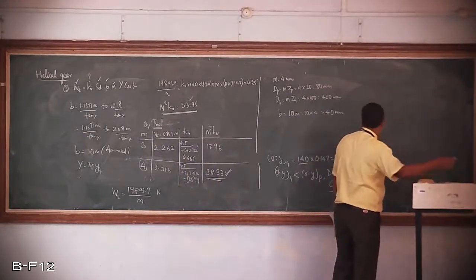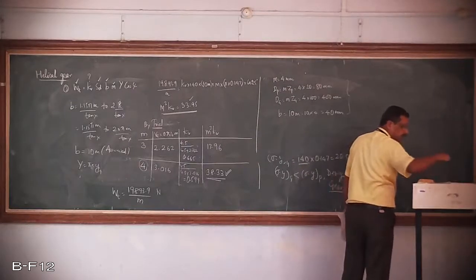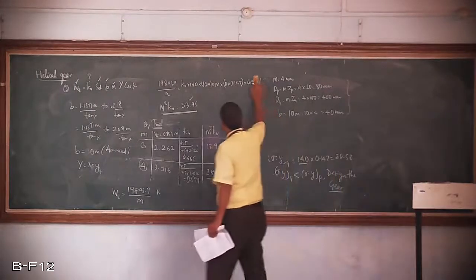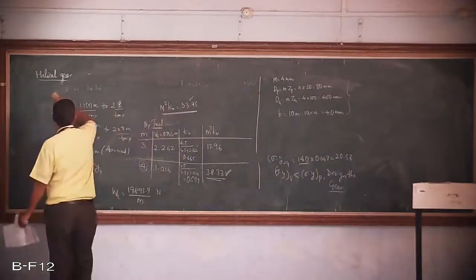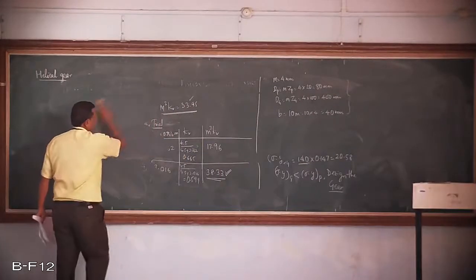Now, these we have calculated based on the static strength. Now we have to proceed with the dynamic strength. For dynamic strength, we have to make use of the Buckingham equation. That is the fourth step: check for the dynamic strength.